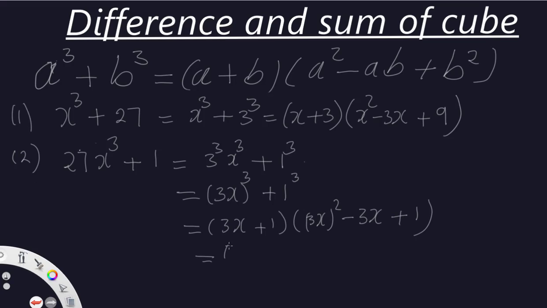So at the end we have 3x plus 1, and the 3 squared will be 9, x squared will be 9x squared minus 3x plus 1. So this is basically what we need to know about the sum and the difference of a cube.